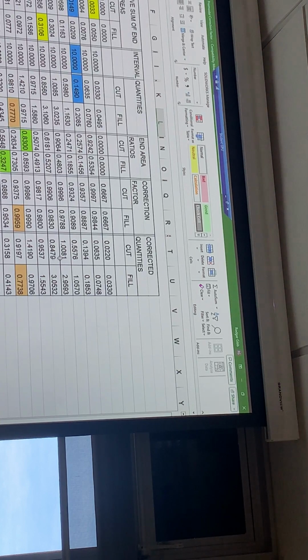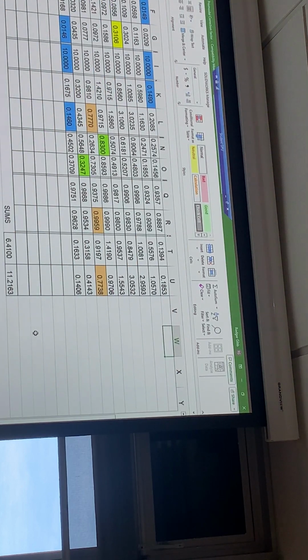We'll take one that there is quite a bit of difference in, shall we? This one here, 0.222, and that's that number multiplied by 0.333, 0.033. And of course down the bottom, if it says 4.806 fill, that's a fill.